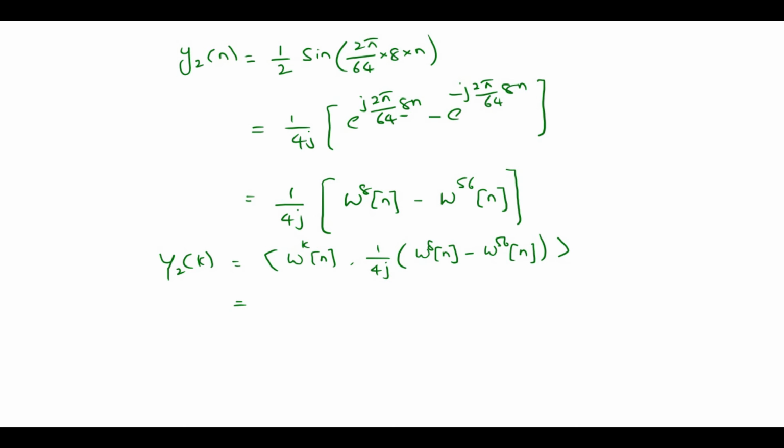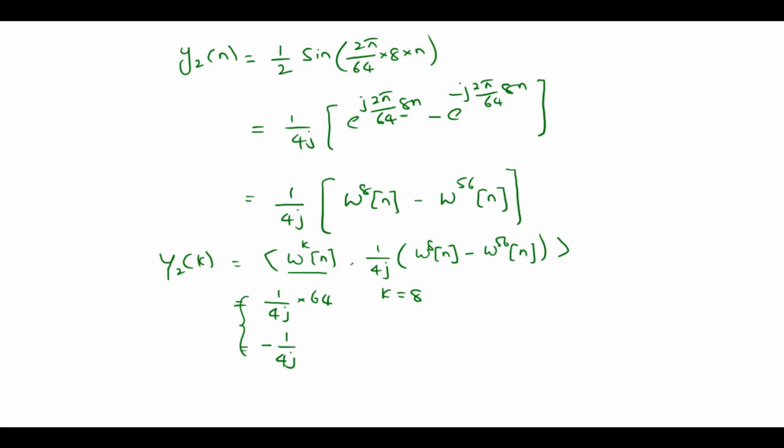This has two terms: one is the inner product between W power k of n and the first term, and the other is the inner product between W power k of n and the second term. The first one is 1 by 4j into capital N value 64, only at k equal to 8. There is one more non-zero value because of the second inner product, and its value is minus 1 by 4j.